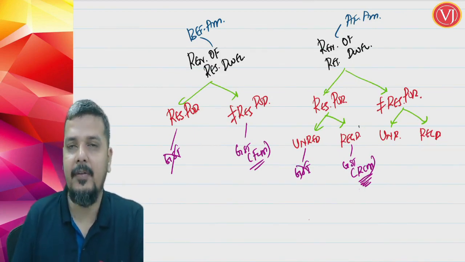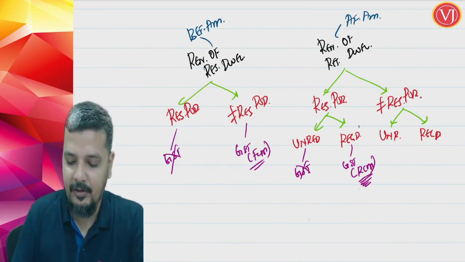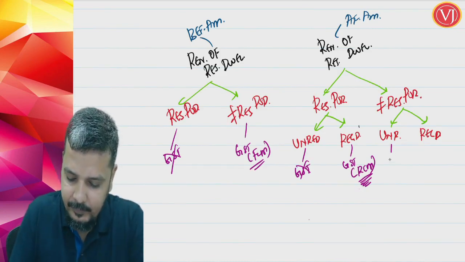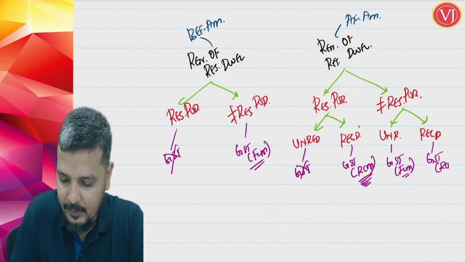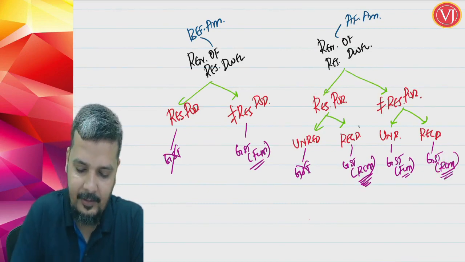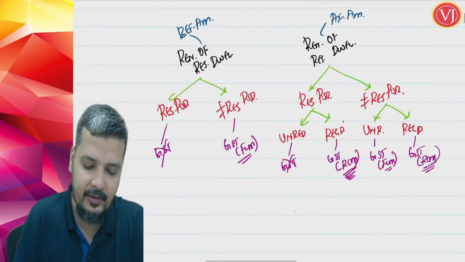But if it is renting of residential dwelling not used for residential purposes, it is taxable. If it is an unregistered person, FCM. If it is a registered person, then it is RCM. If you see, things have totally changed.